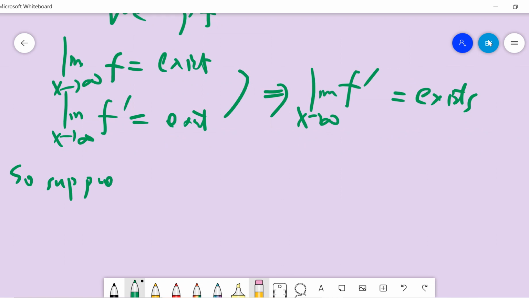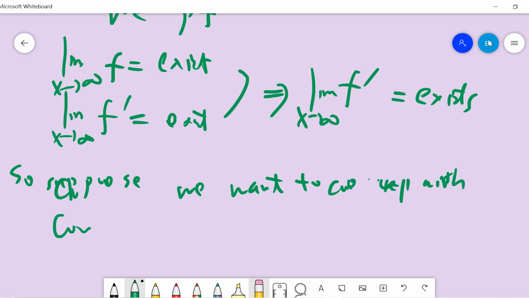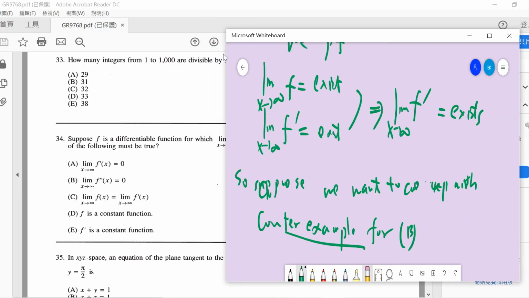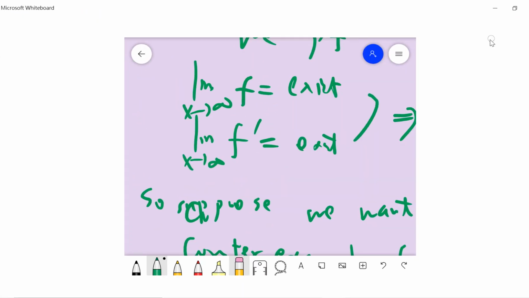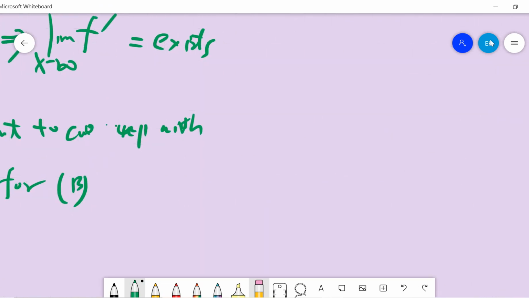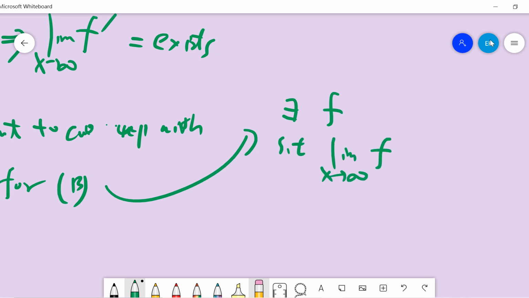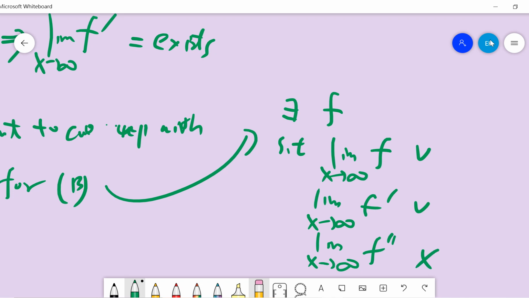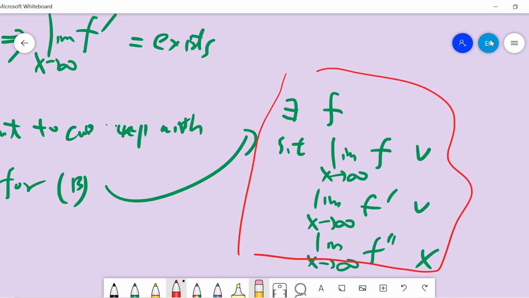Suppose we want to come up with a counterexample for B. What I mean is that we want to find a function f such that the limit of f exists, the limit of f prime exists, but the limit of f double prime does not exist.